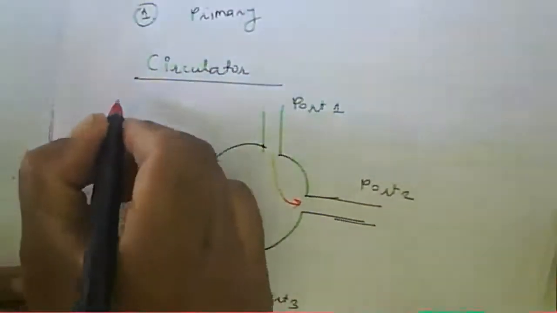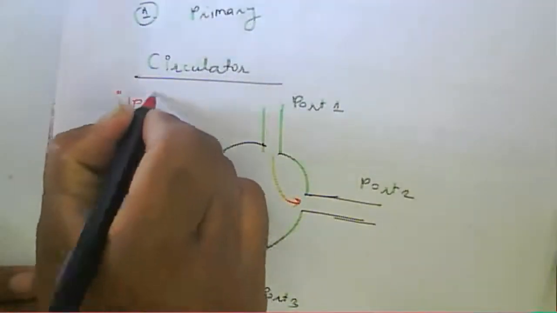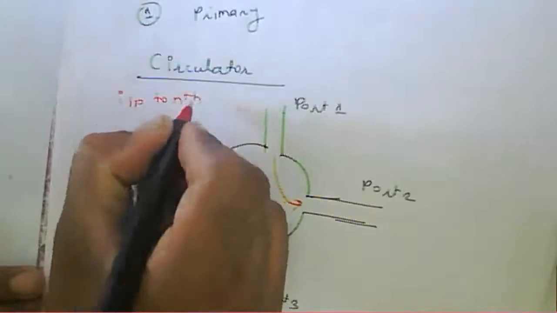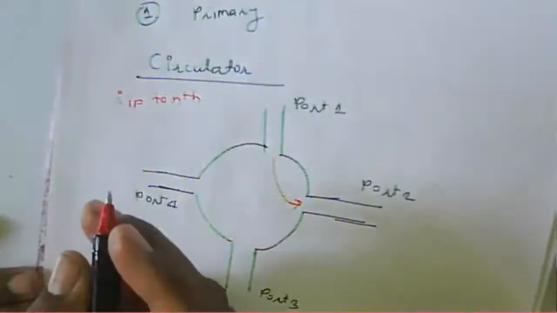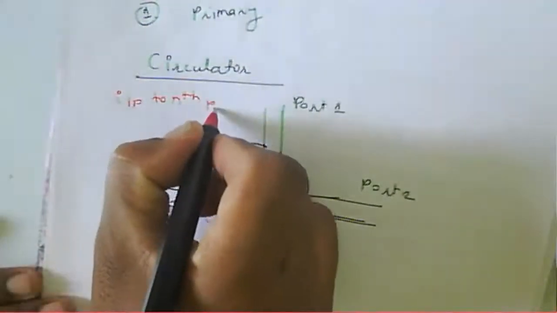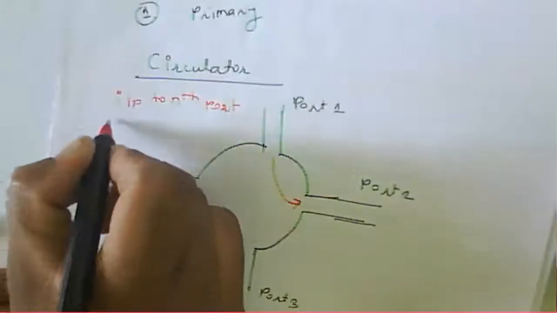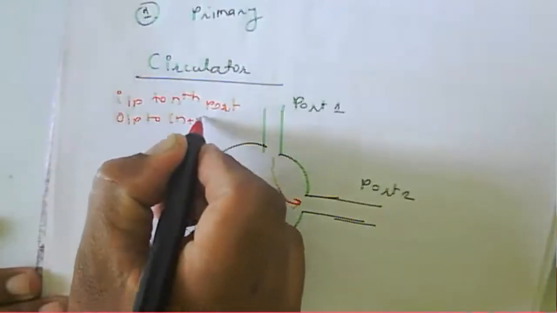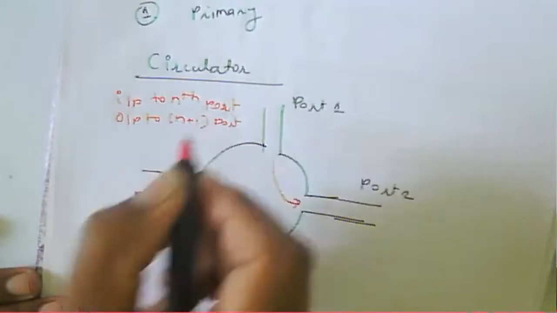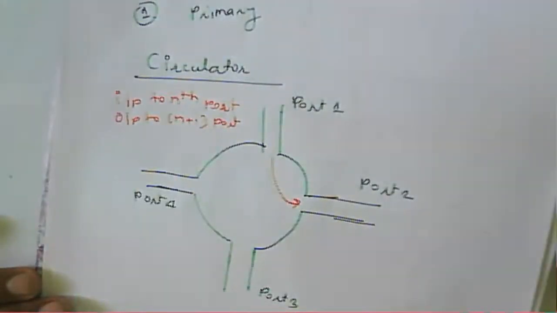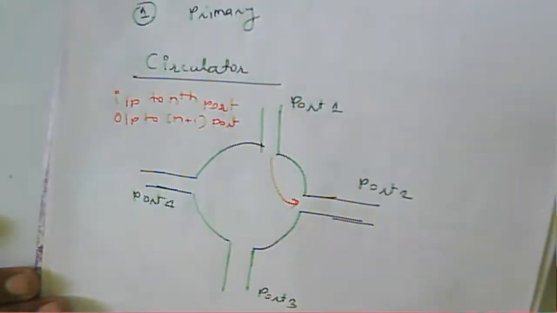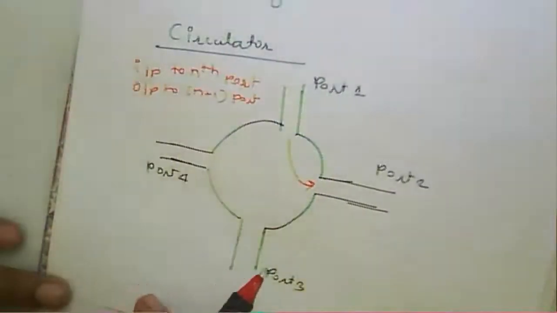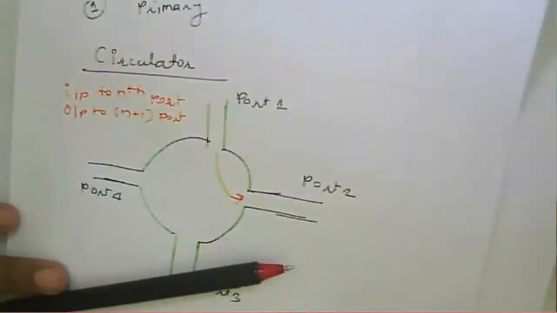When we provide the input to the nth port, output is available at the (n+1)th port. All other ports are isolated.